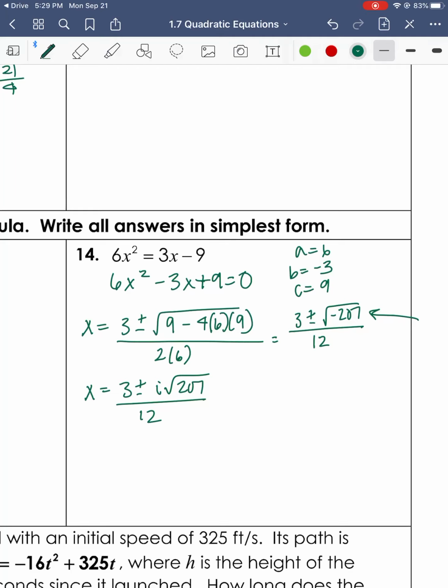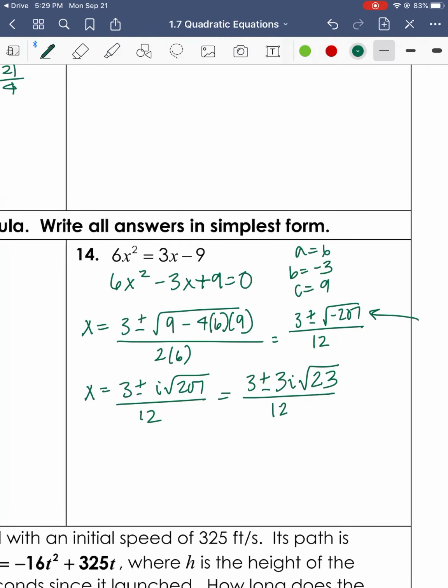207, it looks like 9 times 23. Let me make sure. Yeah, 9 times 23, so we can pull the square root of the 9 out, and it will be 3 on the outside. So we have 3 plus or minus 3i root 23, all over 12.